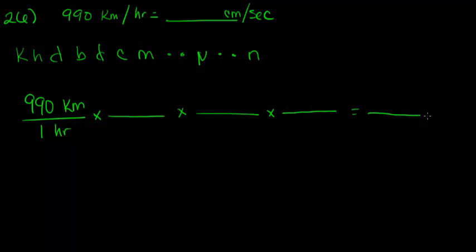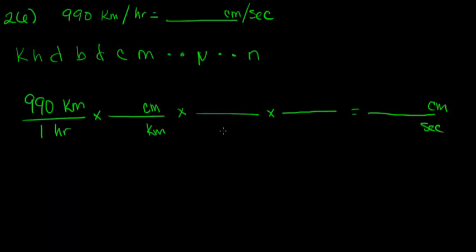Could be either or. Okay, so let's first get rid of our kilometers by converting them to centimeters. So kilometers on the bottom, kilometers and centimeters. And let's do hours to seconds.